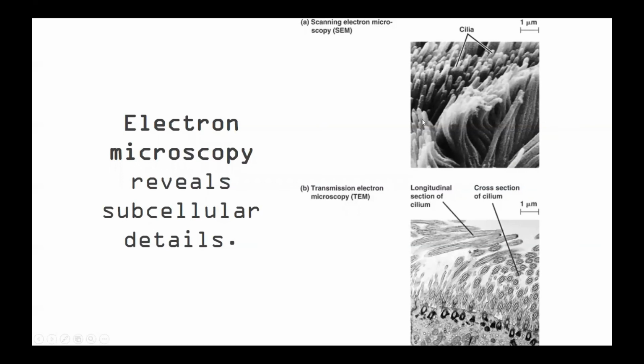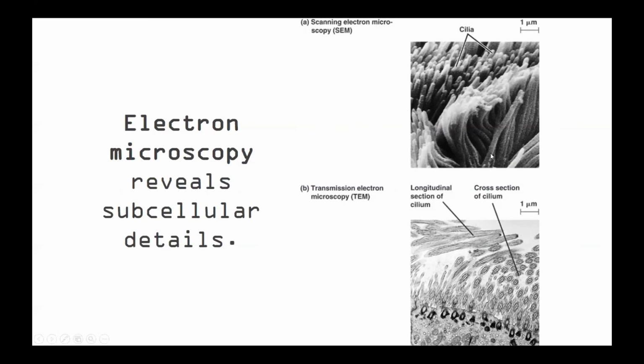And the way that we're able to see this is actually by staining the surface of the cell with metal particles, and the electron beam will hit it, and we'll get a signal back to a computer, and the computer will generate the image. So you can't actually see this. This is created by a computer. So scanning, I like to think of for a surface. You can really see the cilia in this picture.